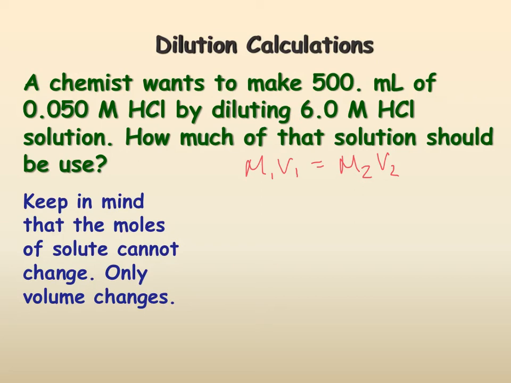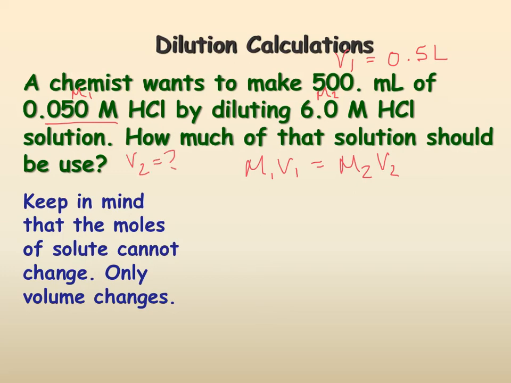Okay, so if we make this our V1, 0.5 liters, and our concentration is going to be 0.5 molar. All right, and then our M2 is starting out at 6 molar, and what we want to know is V2.